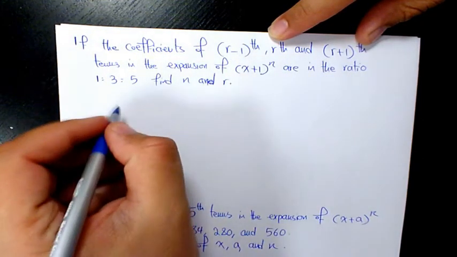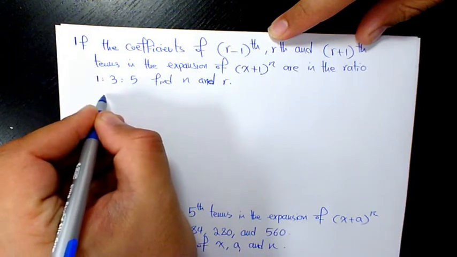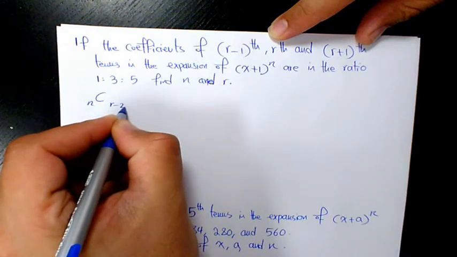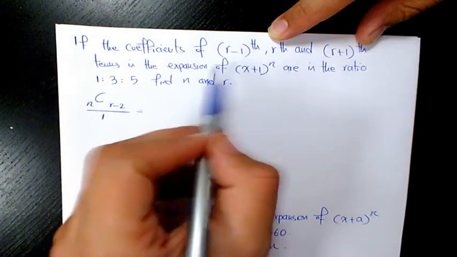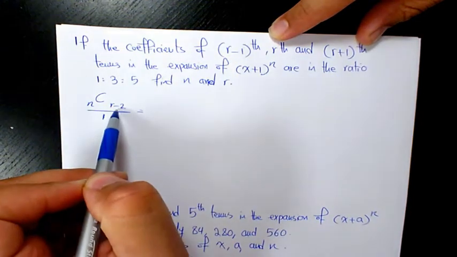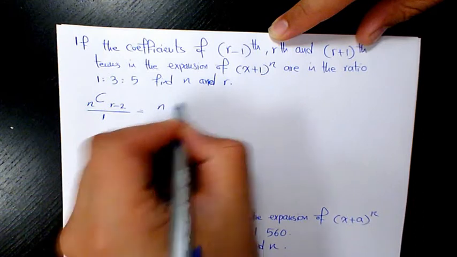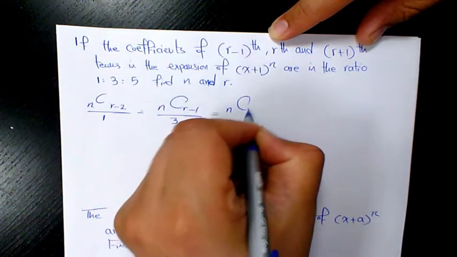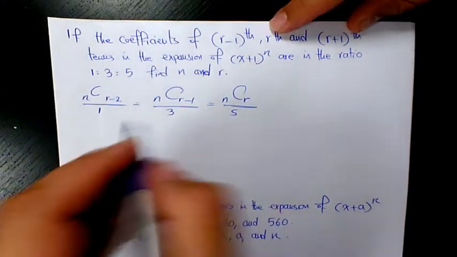So it means that nC r minus 2 over 1, because that goes 1 down. R minus 1, here you need to write r minus 2. We had it many times before. nC r minus 1 divided by 3, nC r divided by 5. So we have this relationship.